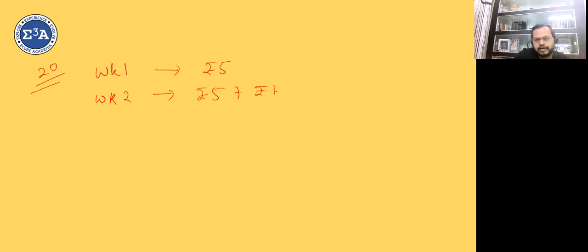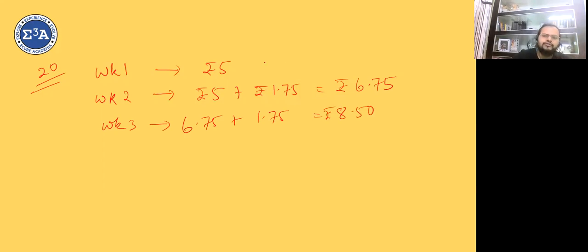So in the second week how much did she save? She saved rupees 6.75. Similarly, in week 3, she would have saved 6.75 plus 1.75, that is equal to 8.50.